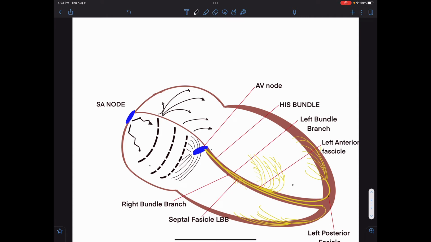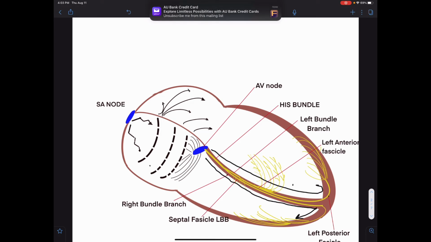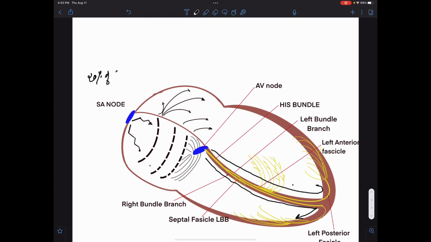So this bundle of His and its branches, they are very fast in transmitting. They have electrical wires which transmit it very fast, and this contributes to just 20% of the PR interval.